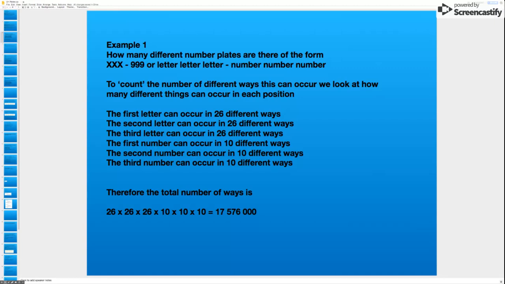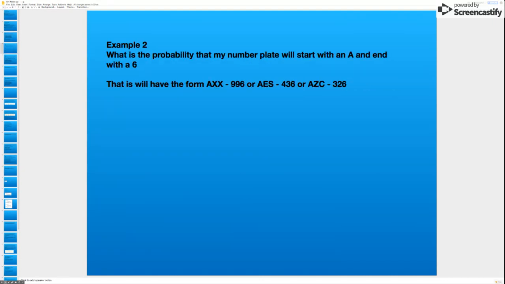And the third, 10 different ways. So the total number of different number plates of letter, letter, letter, number, number, number is just 26 times 26 times 26 times 10 times 10 times 10, which is 17,576,000.